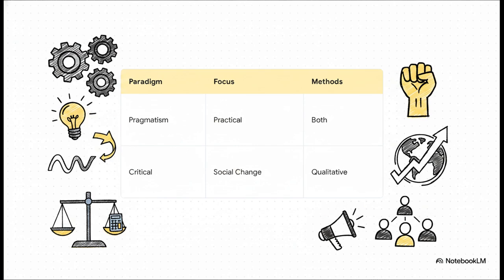On the flip side of that, you have critical theory, which is actively trying to change the world. Its focus is on examining and challenging social structures, inequalities, and power relations. Researchers using this lens typically use qualitative and participatory methods to directly empower marginalized groups. They aren't just sitting back observing reality. They're actively working to bring about real social change.